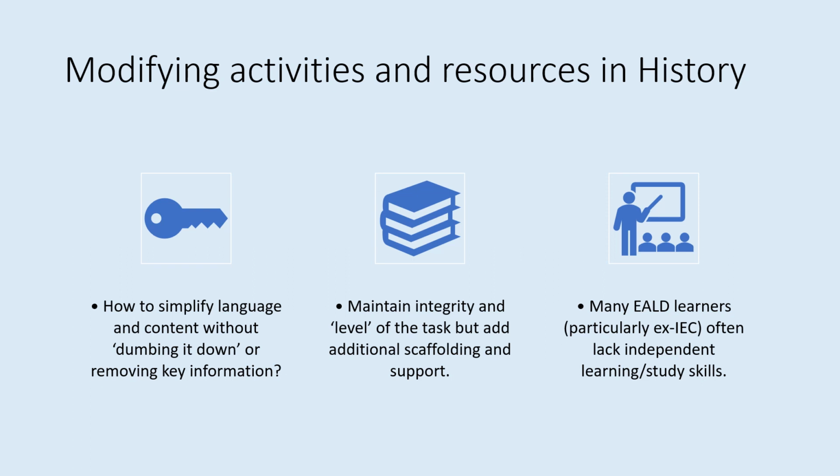So here's an example of modifying activities and resources in history. So have a little think. How do you simplify the language and content without dumbing it down or removing key information? How do you maintain the integrity and the level of the task, but add additional scaffolding and support for students?